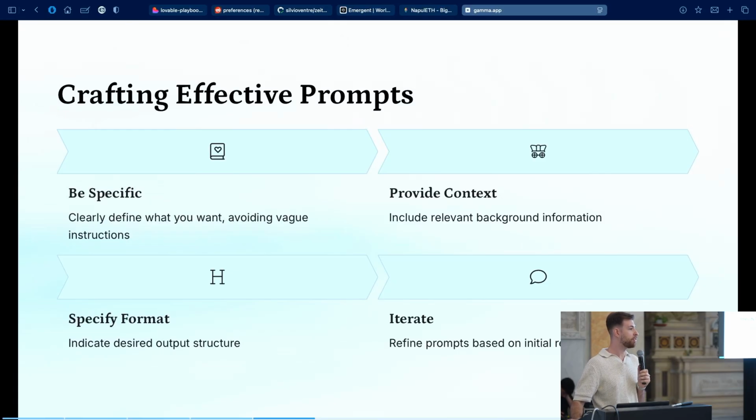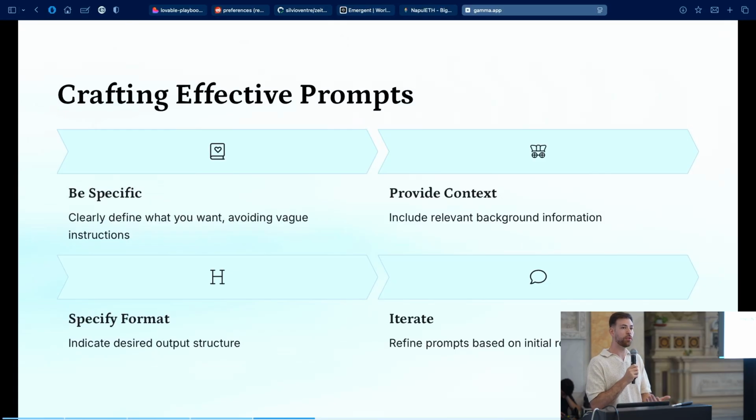First of all, you have to be very specific. You have to clearly define what you want, because they don't know anything about what you are saying. The more specific you are, the more accurate the response you will get in output.